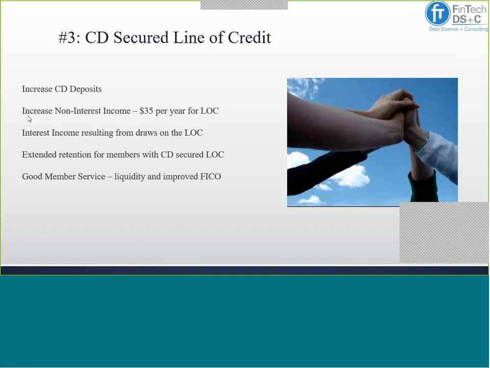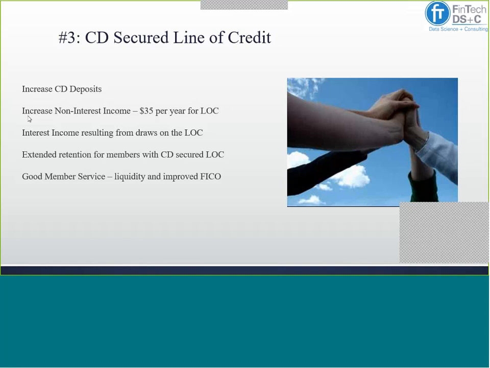Now, in terms of your CD deposit members with a good credit score and those retirees that don't need credit, they don't need loans, right? I'm retired, I have large CDs. They actually still respond very well to a CD secured line of credit with a completely different message.